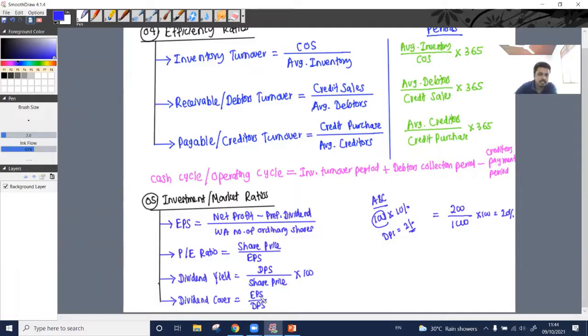And assume here the earnings per share value is 2. EPS over DPS is what we know as dividend cover.